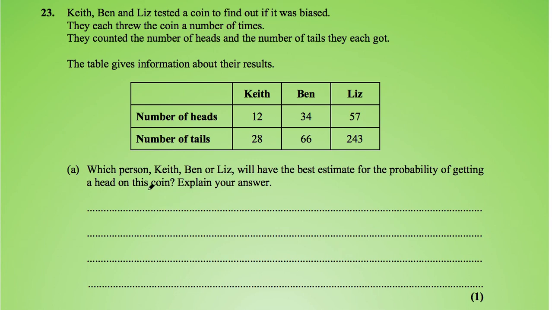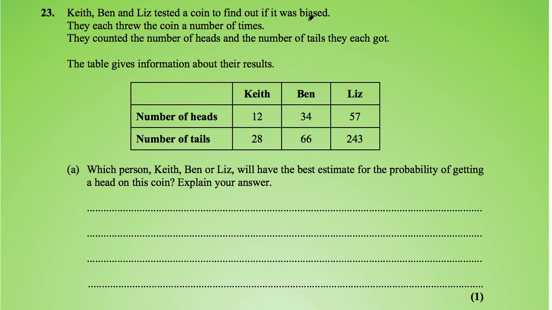This is a slightly confusing question in that we can see that Keith gets just over double the number of tails as he does heads, and Ben gets slightly less than double, and Liz gets way more than double. And if this was a fair coin, you'd feel like Liz was just really unlucky, or lucky, getting more tails than heads.